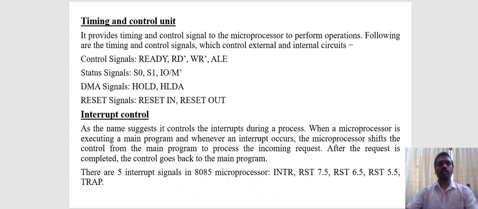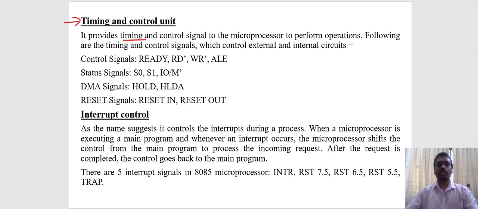So the next unit is a timing and control unit, which is a part of the instruction unit. As the name suggests, it generates the necessary control signals and timing information to execute a particular instruction.